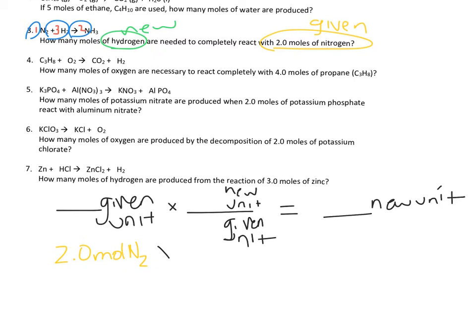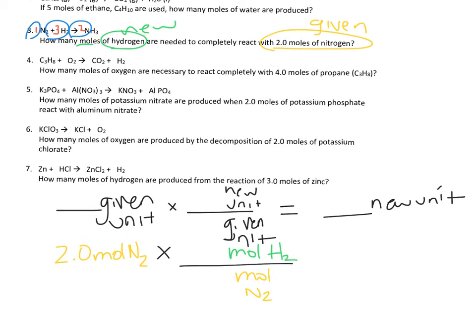Then we set up our conversion factor where our given unit, moles of nitrogen, goes on the bottom, and our new unit, moles of hydrogen, goes on top. To figure out where these numbers come from, we take a look at the coefficients for the reaction.